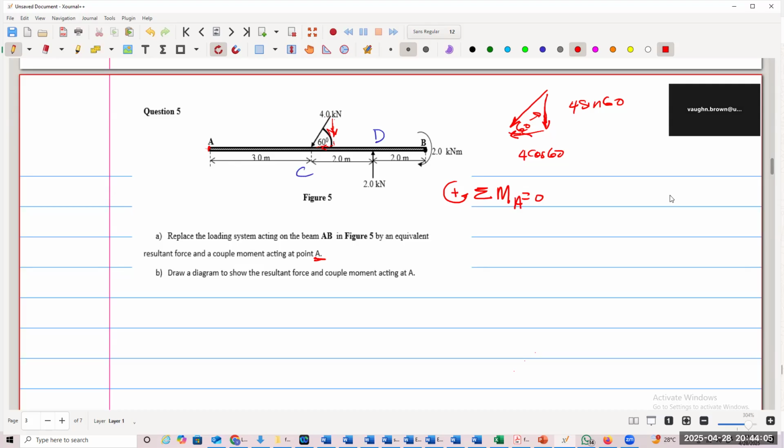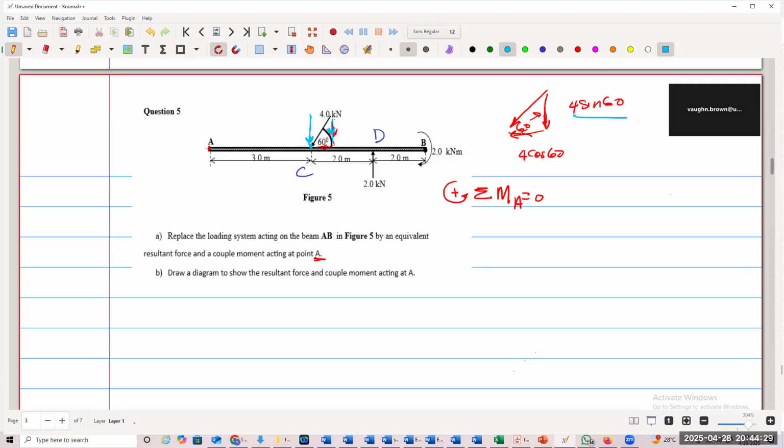So this force here is coming down. This one, which is 4 sine 60, is coming down about A. And what is the distance of it from A? It is 3. Even though we draw it out there, everything is really acting right here from this point.